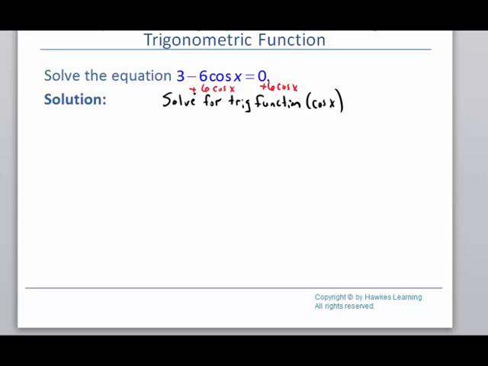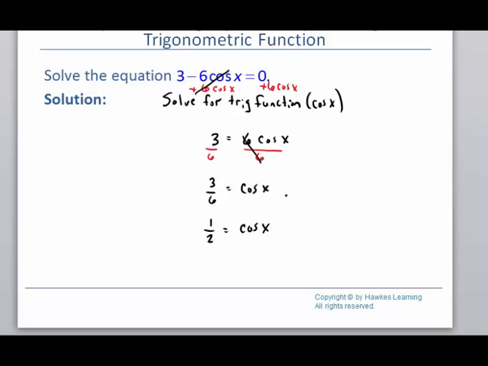That's going to give me a 3 on the left and a 6 cosine x on the right. The next step, getting the cosine by itself, is to divide both sides by 6. And so we end up with 3 over 6 is equal to cosine x. I'm going to go ahead and simplify that fraction to 1/2.